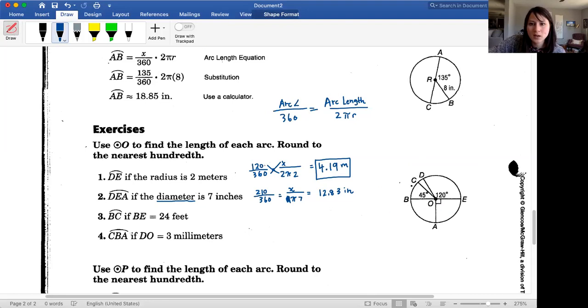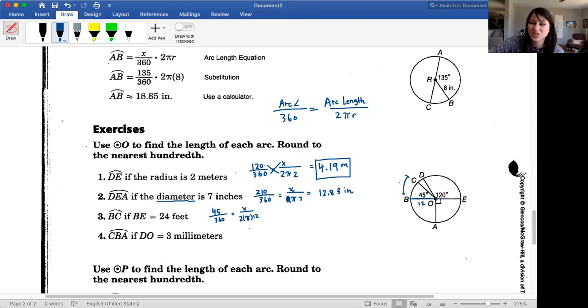So BC, we're looking for this arc, and it says that the length of BE is 24, which means I only want the radius, which is 12. I guess I could calculate that mentally. And so this would be 45 over 360 equals x over 2 times pi times 12.